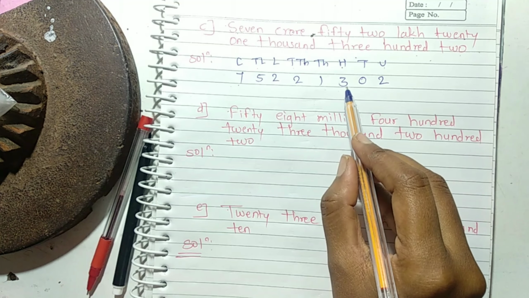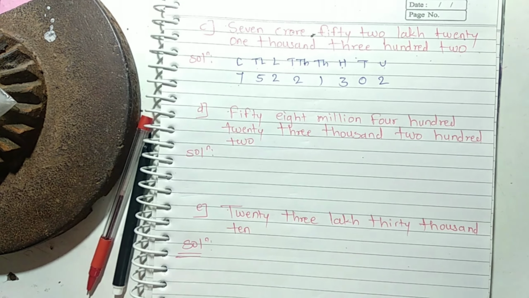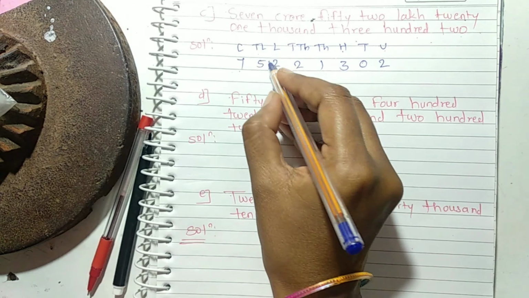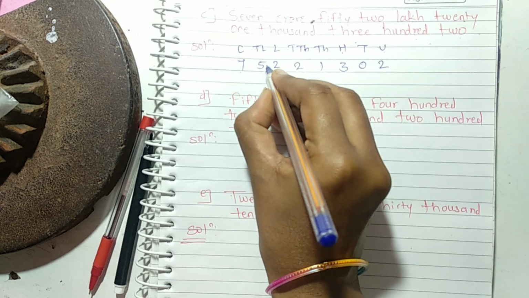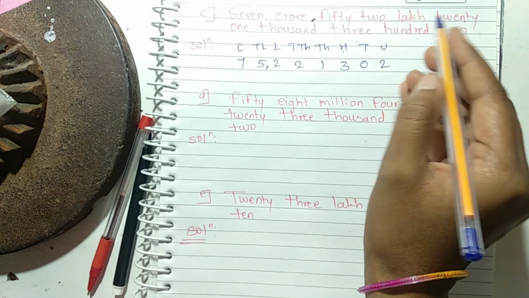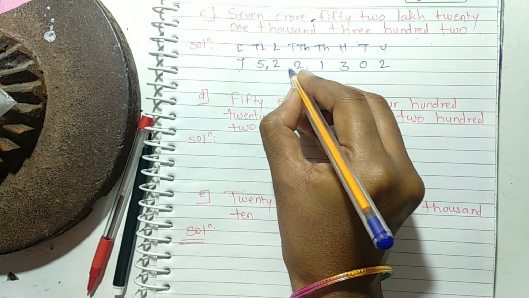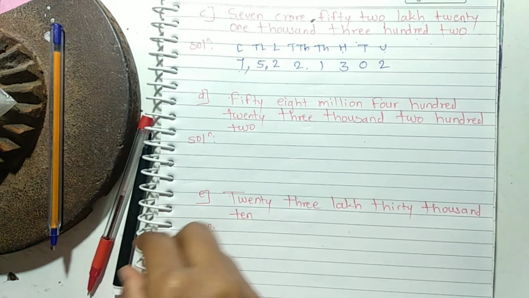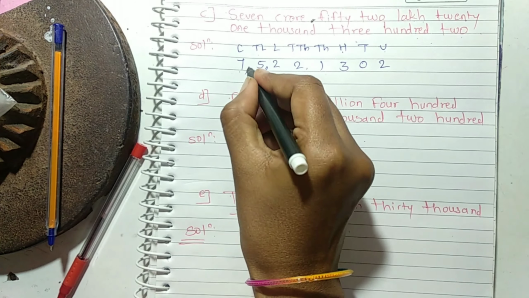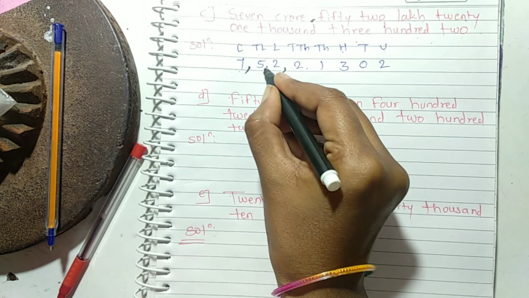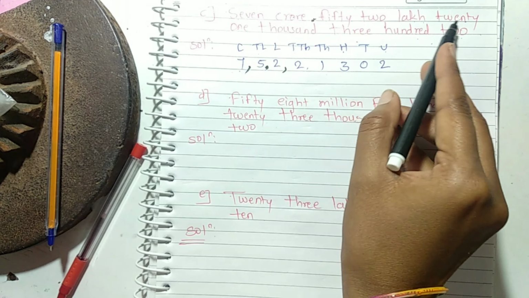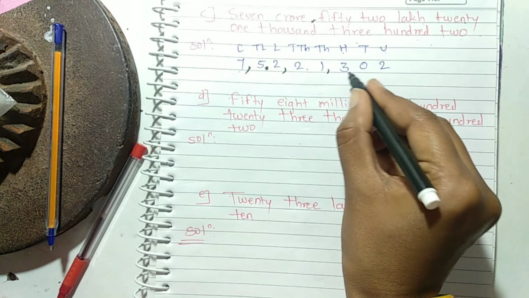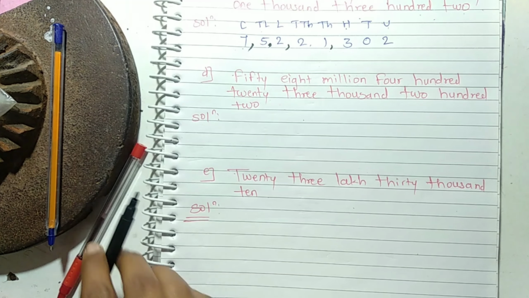So write down like this: 7 crore 52 lakh 21,302.